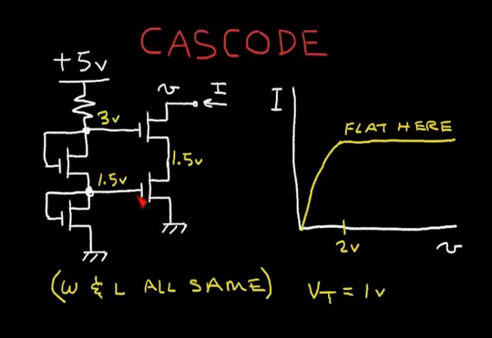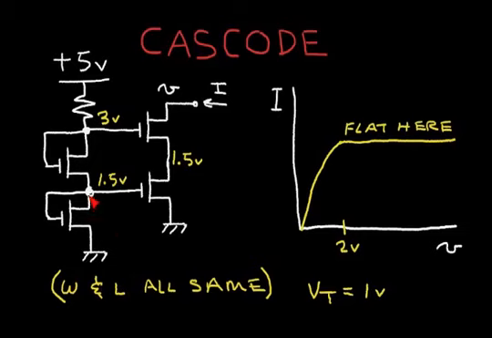And so if we make the same assumptions as before, that my gate to source voltage is 1.5 volts and my threshold voltage is 1 volt, we can analyze the operation of this cascoded current source. And I'm assuming that my W's are the same for every transistor and my channel length is the same for each of these transistors, just to simplify things.